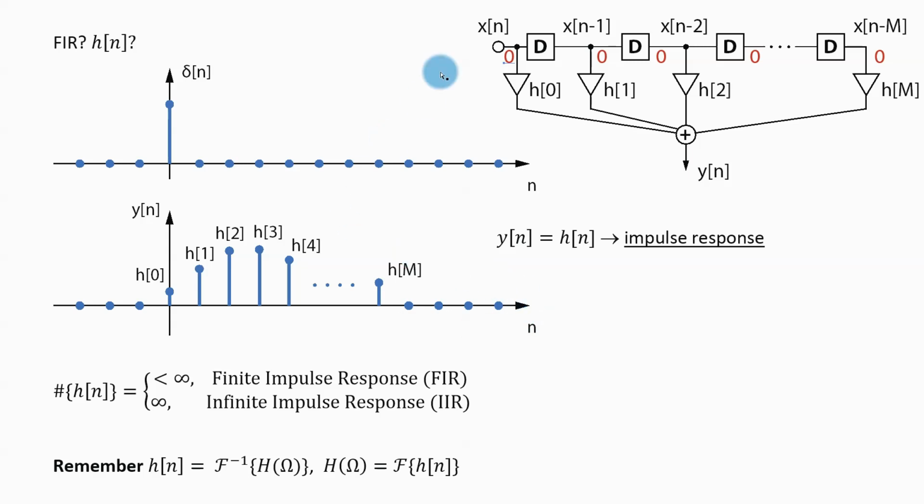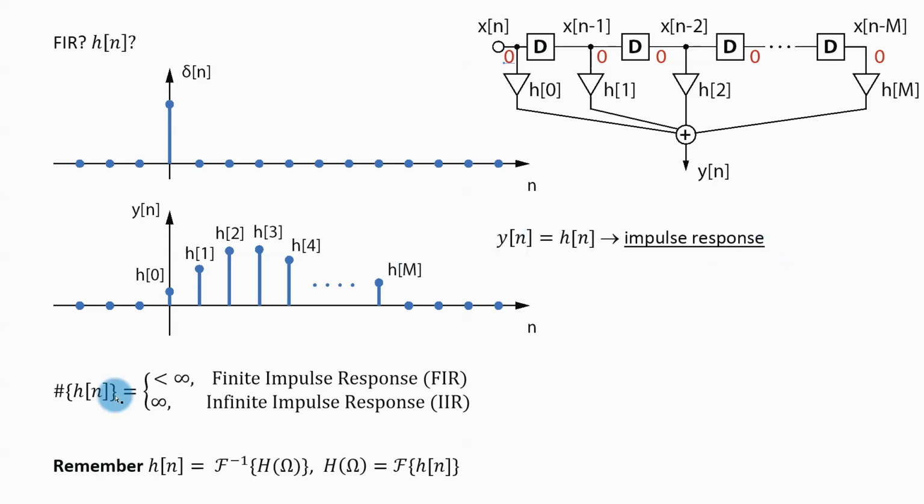So, when you feed this structure, this filter, with a Dirac delta pulse, the output will be the values of h of n. And because those values of h of n are the response to a pulse, we call h of n the impulse response. Now, depending on this impulse response, we recognize two types of filters.